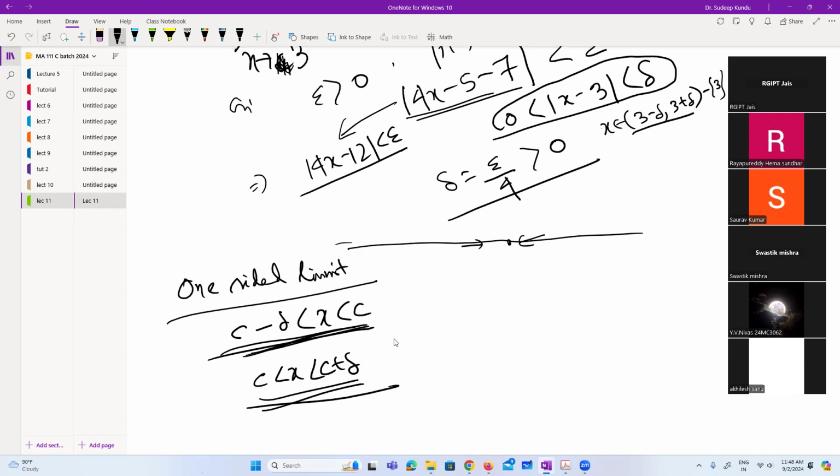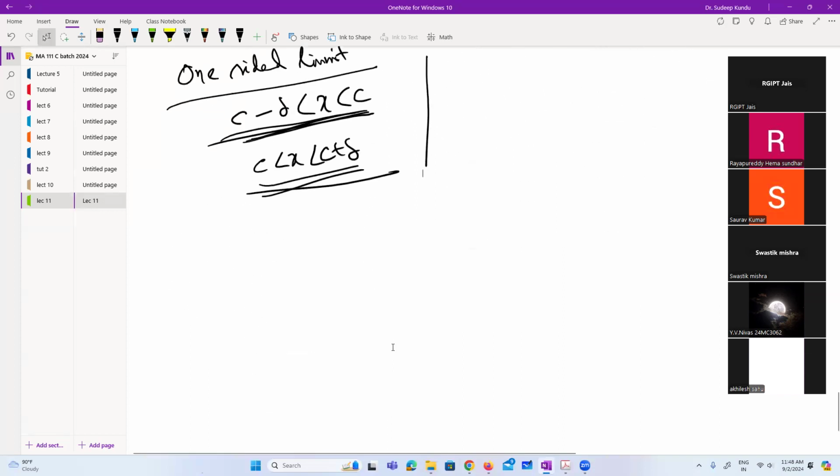Similarly, using the sequential criteria also you have shown the one-sided limit. I will write. Suppose we have to write the left-hand limit.